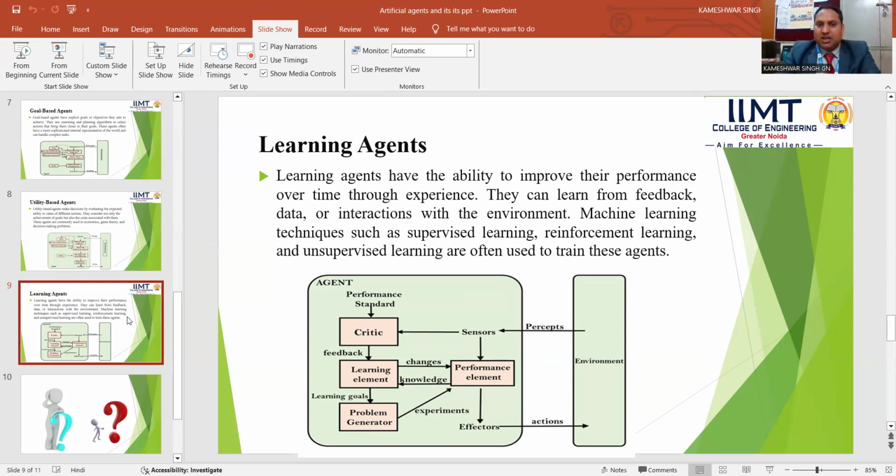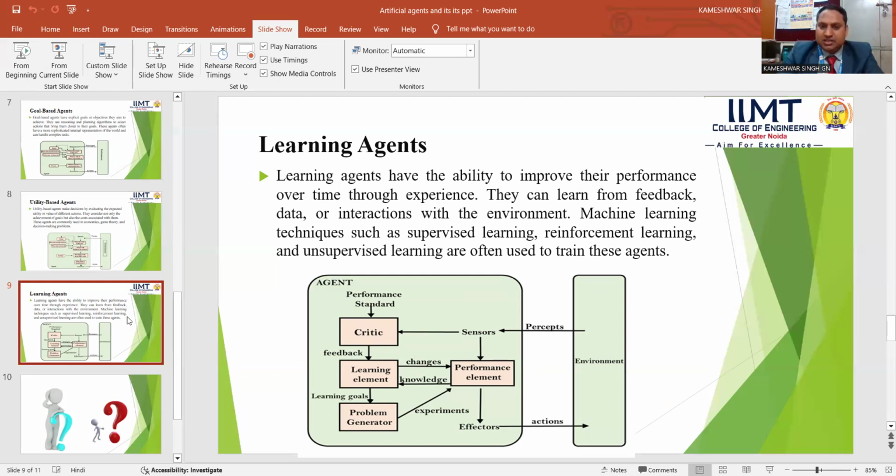Machine learning techniques such as supervised learning, reinforcement learning, and unsupervised learning are often used to train these agents. So the learning agent learns from the environment and takes the necessary actions through machine learning techniques.